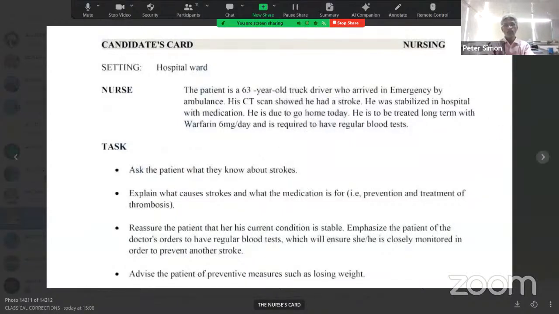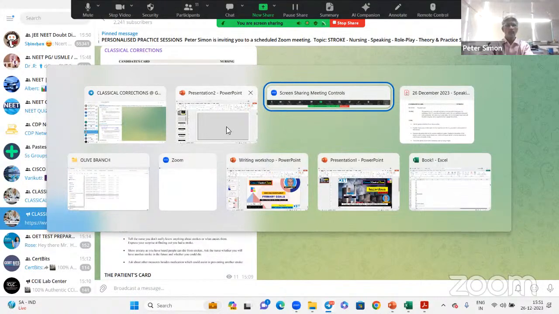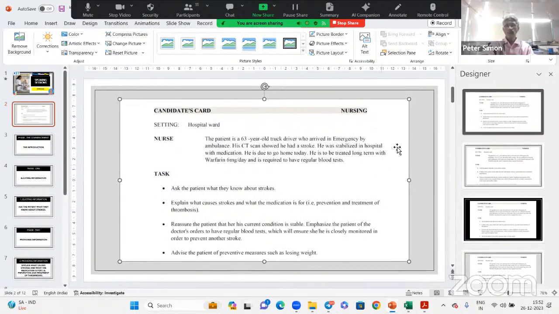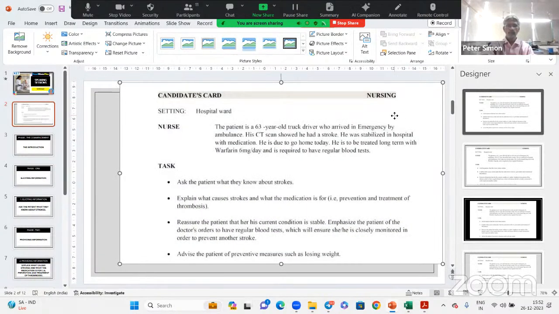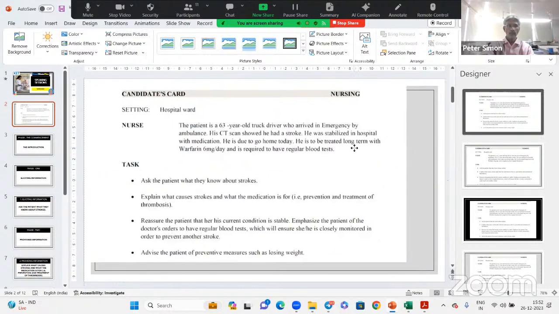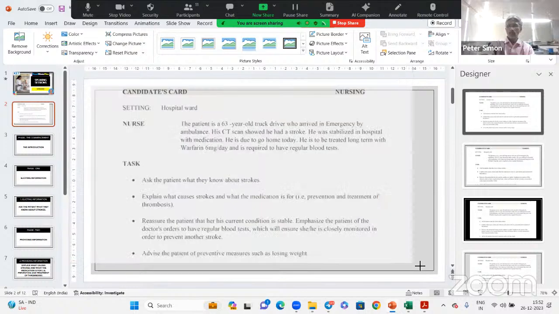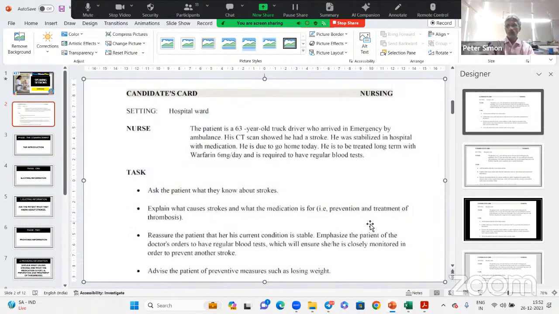This is the nurse card. So those who attend today's session are going to definitely, yes, this is the nurse card.